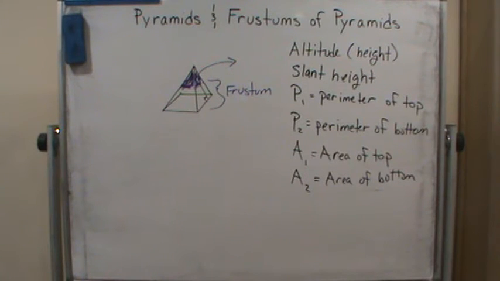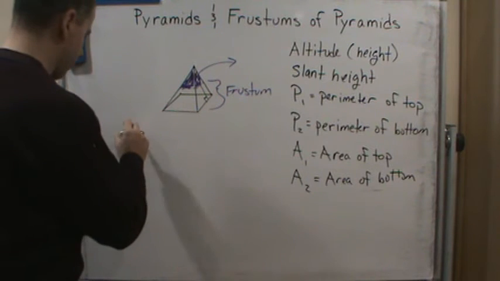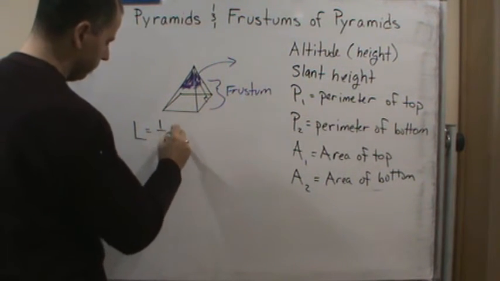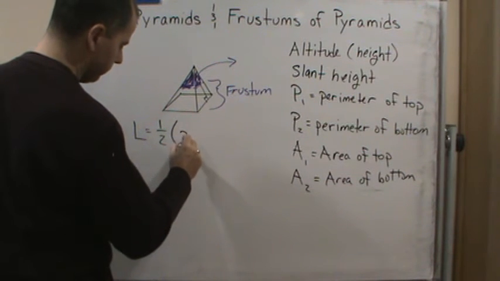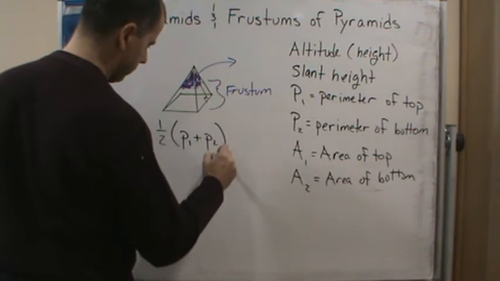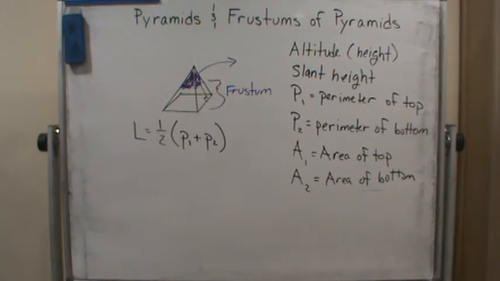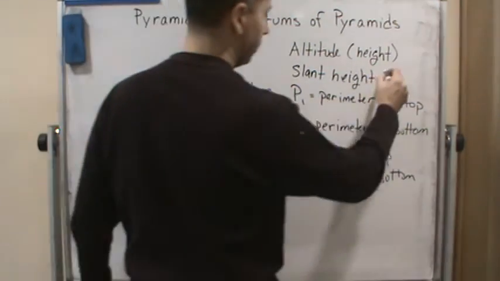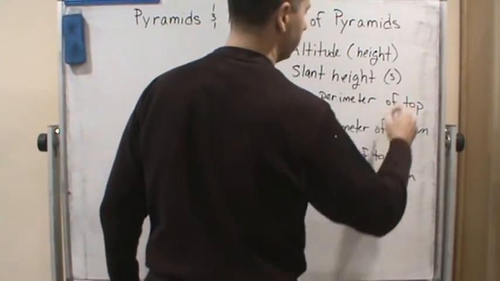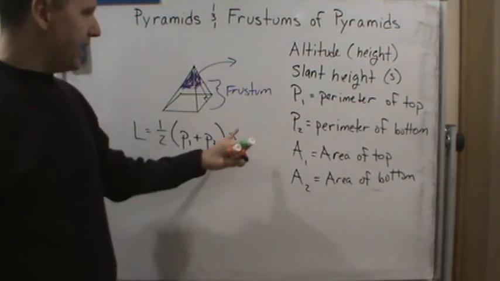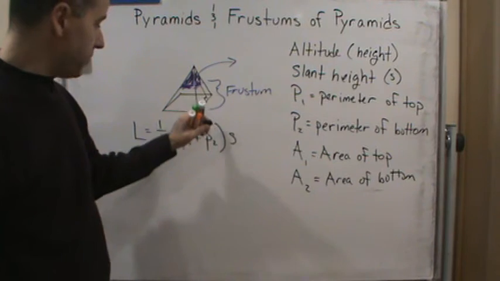So the lateral surface area of the frustum is going to be this. Notice that we still have S, but S is the slant height of the frustum now.